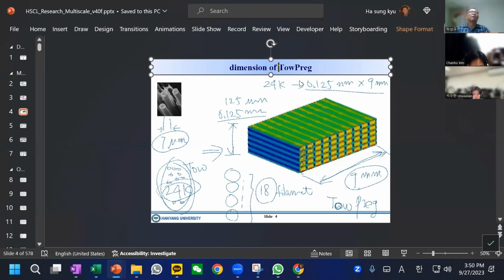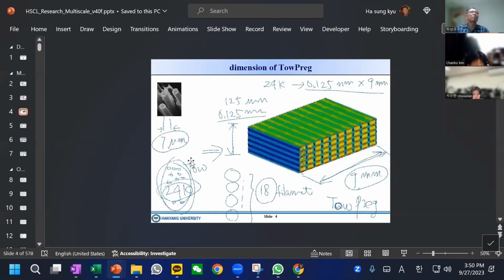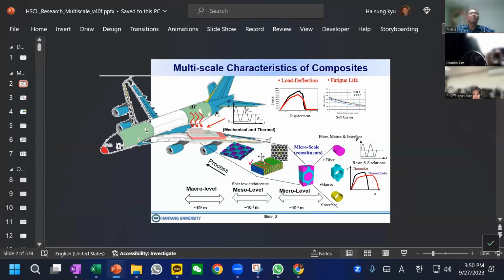Dimensions of the toe preg. Okay, this is fine. I hope you can visualize these dimensions. In general, as you know, visualization is very important for engineers to better understand our behavior.